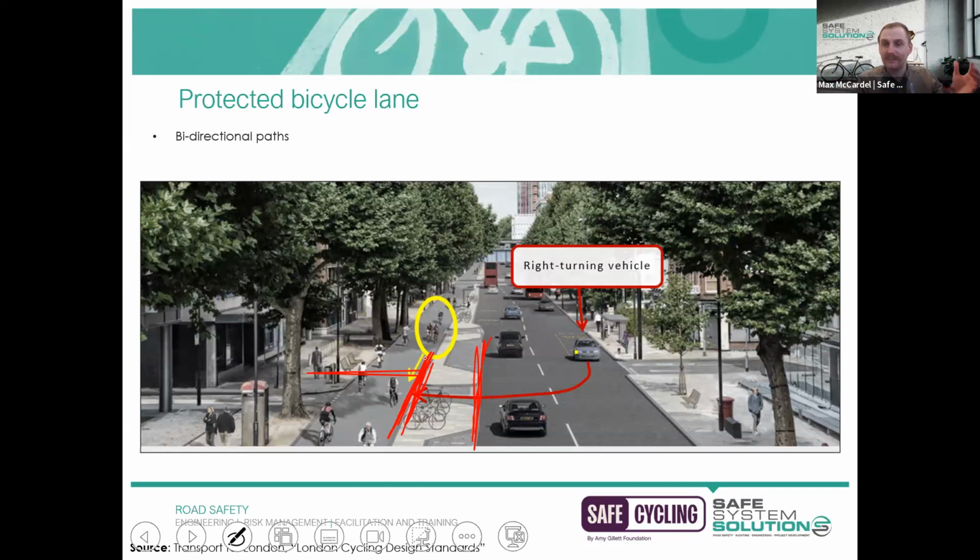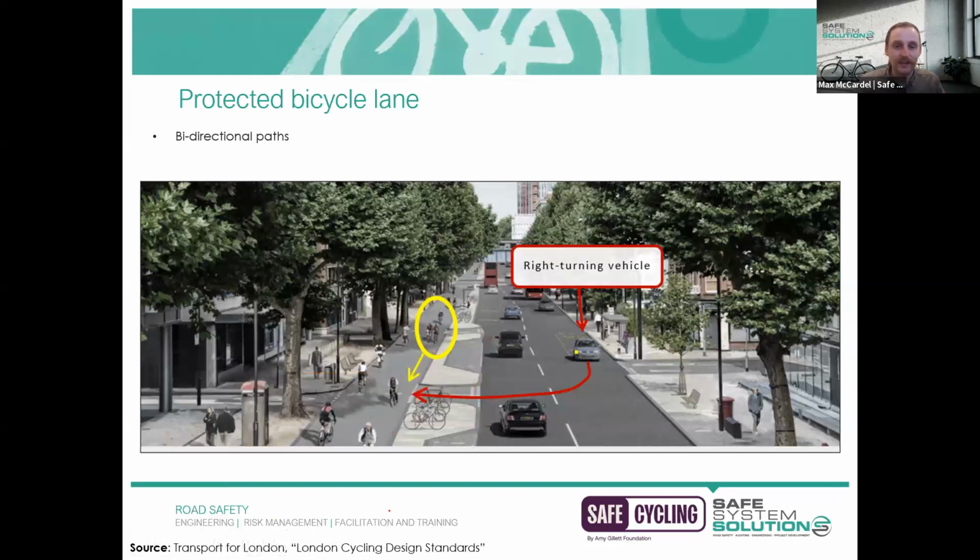So just having that little opportunity to hold, get away from the general traffic, the carriageway, and then rather than have to think about two sets of conflict points, you've just distilled it into, I'll think about the cars and then I'll think about the cyclists. So that's a really good approach to be able to do.